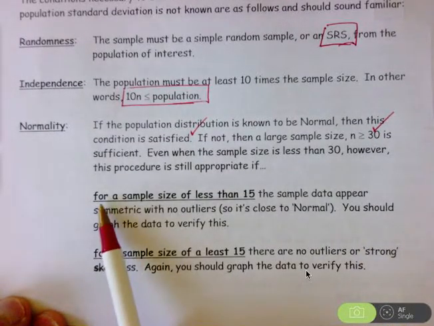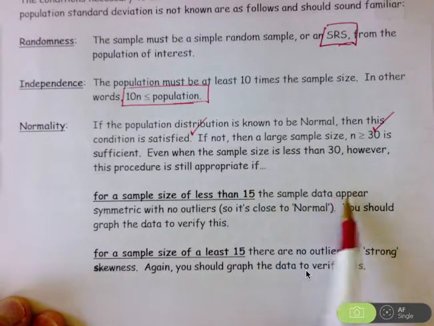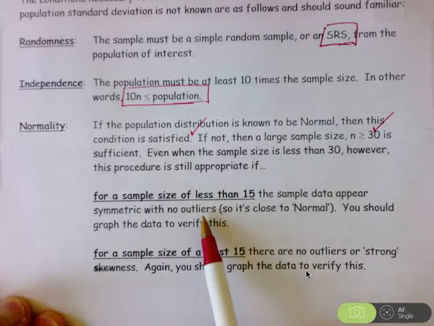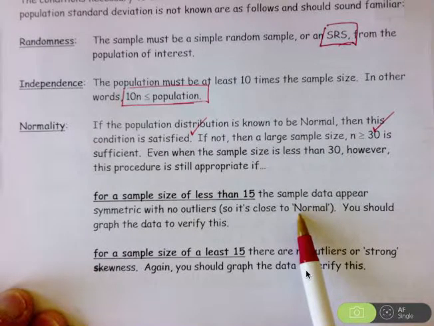So for a small sample, a sample size of less than 15, if you don't know anything about the distribution of the population, you're going to have to look at the distribution of the sample. So if the sample data appear symmetric and don't have any outliers, so if they appear close to normal, then you can go ahead and use these same procedures.